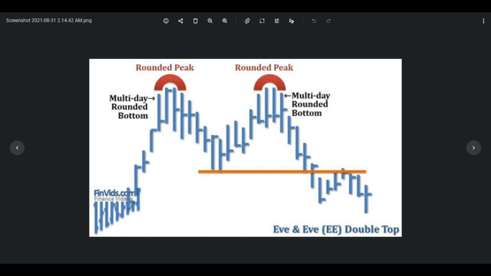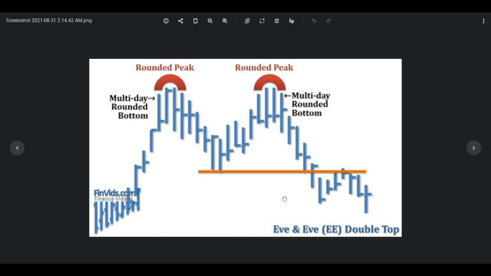So a close below the lower trend line across the intervening low, the whole low between the highs right here, with above average volume.